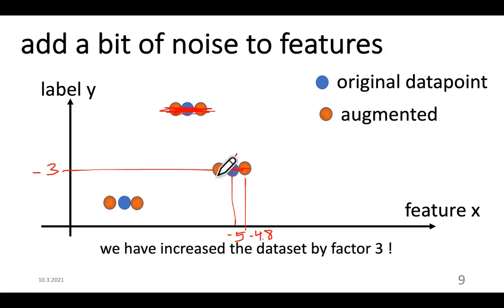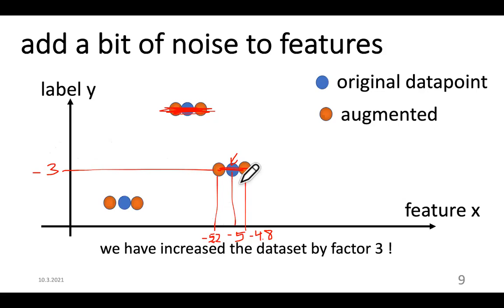Or I could also equally reasonably, or with high probability, have observed a day with minimum temperature -5.2 and the same label value, or maximum temperature -3.